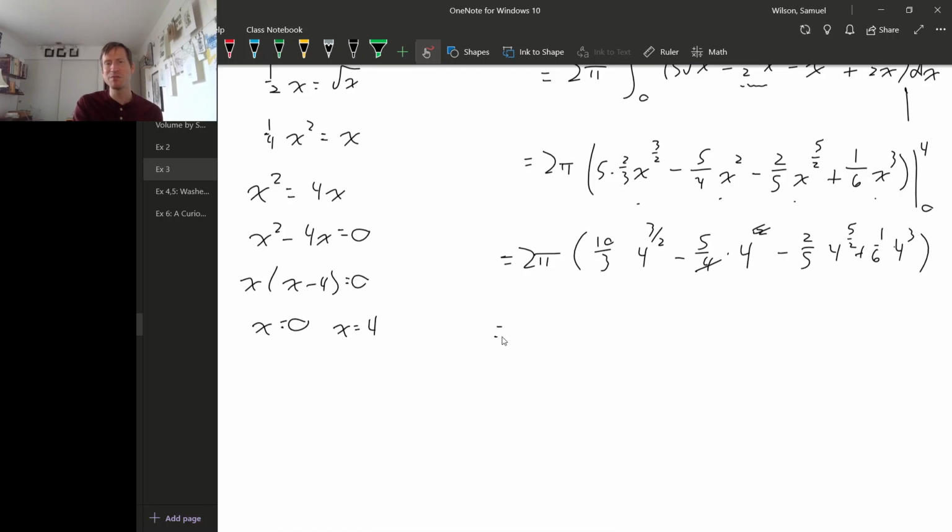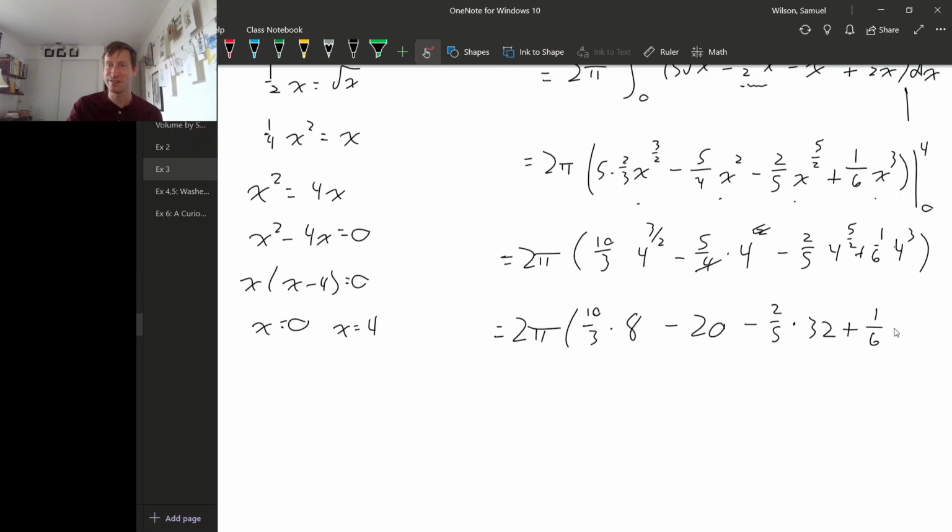Okay, and now we have some arithmetic to do, but you know, the hard part is done. We've done all the calculus already. So 10/3, let's see, 4 to the 3 halves: 4 to the 1/2 is 2, and 2 cubed is 8. Minus 5 times 4 is 20, minus, let's see, 2/5 times 4 to the 1/2 is 2, 2 to the 5th is 32. Plus, and then 4 cubed is, let's see, 4 squared is 16, so cubed is 64.